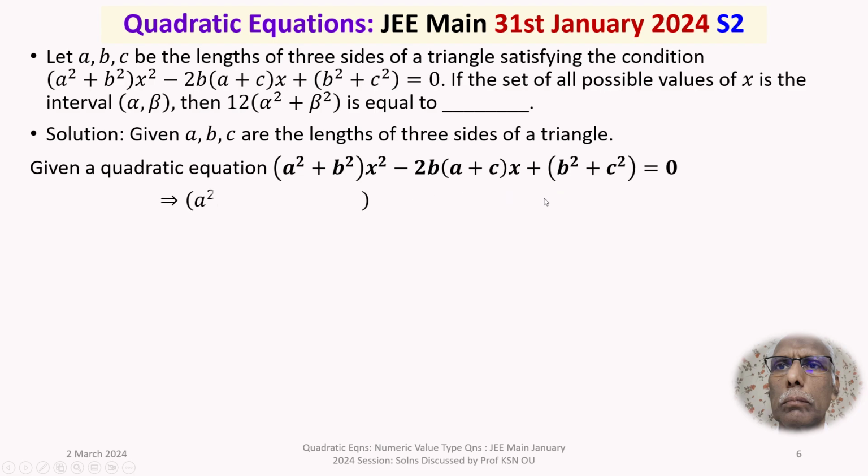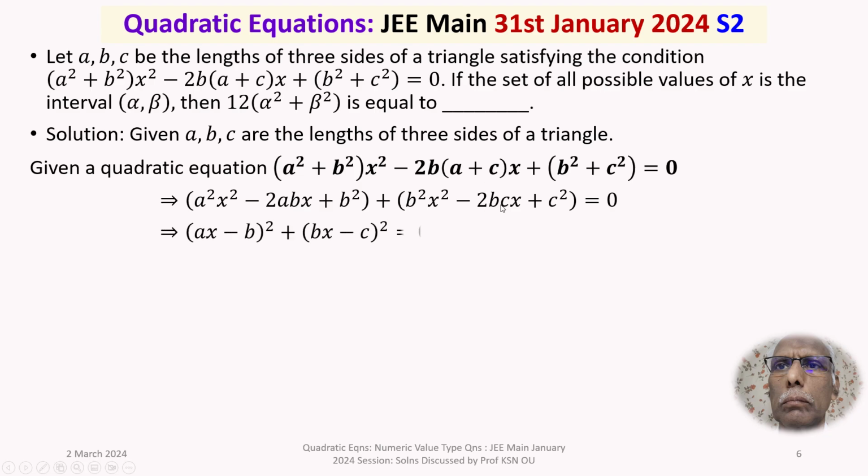This is written as a square x square minus 2abx plus b square, in one bracket, plus b square x square minus 2bcx plus c square. The first one is a perfect square, it is (ax minus b) whole square. And the second one is also a perfect square, that is (bx minus c) whole square.